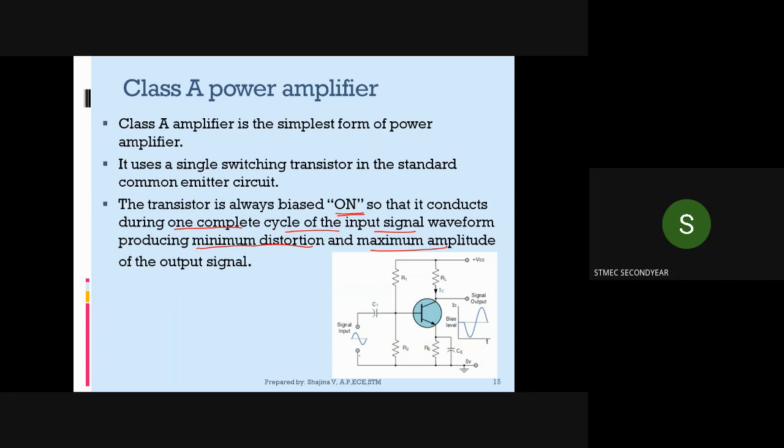This is the actual class A power amplifier. So, this is simply our common emitter configuration. We have this RE and CE, emitter resistance and bypass capacitor here, and this R1 and R2 biasing resistors. In order to fix our Q point to the middle of the load line, we are biasing. So, biasing resistors are R1 and R2. Okay, and we are applying input signal to the base.